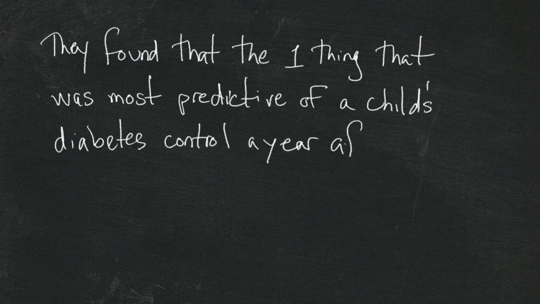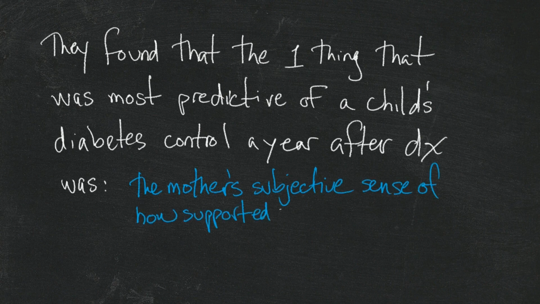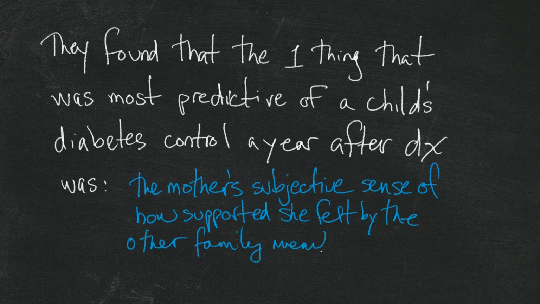Fairly significantly was the fact that the mother's subjective sense of how supported she felt by the other family members was most predictive of what a child's hemoglobin A1C, which is a marker of diabetes control, would be a year to a year and a half down the road.